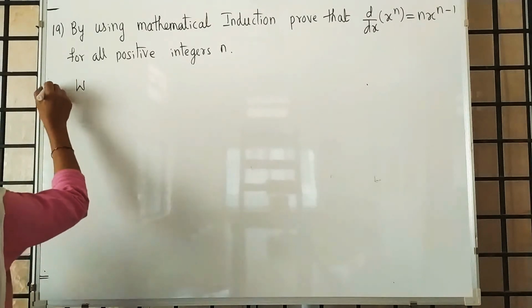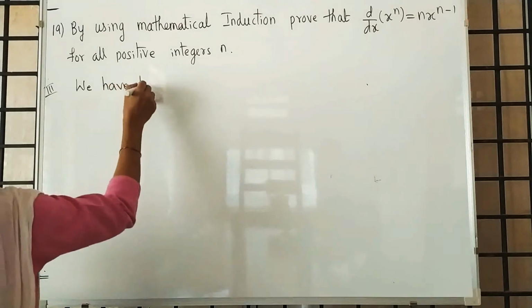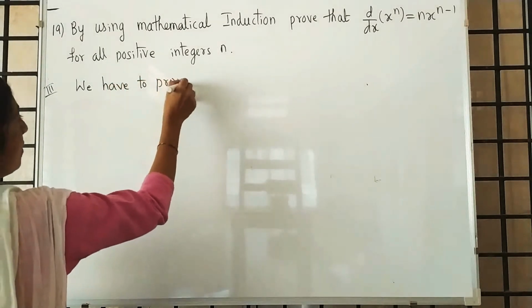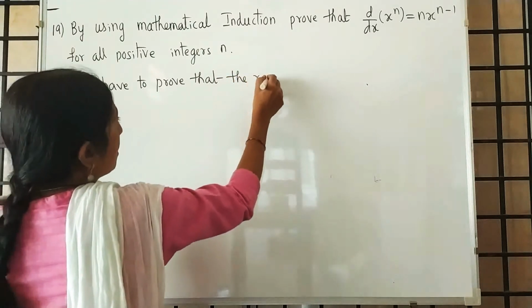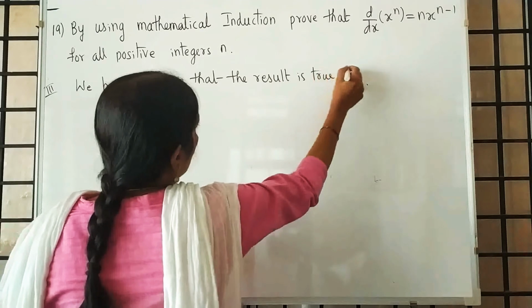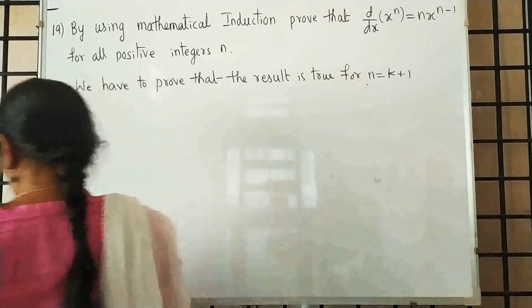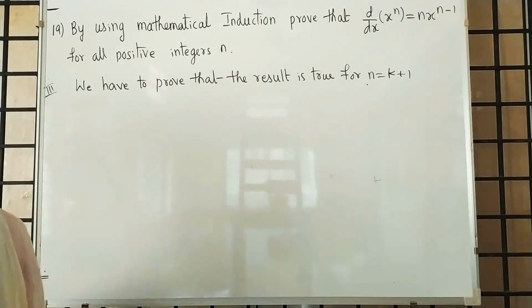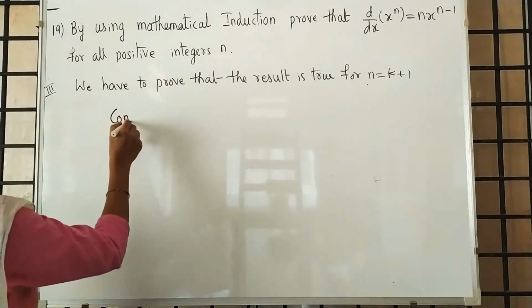Third one, we have to prove that the result is true for n is equal to k plus 1. So, write on the left side, consider differentiation of wherever k is there.